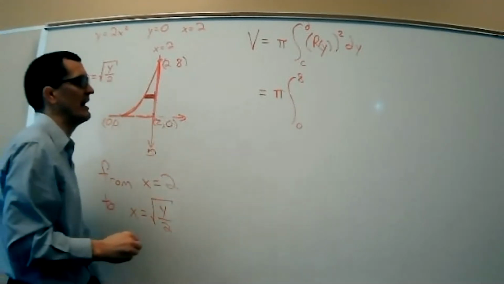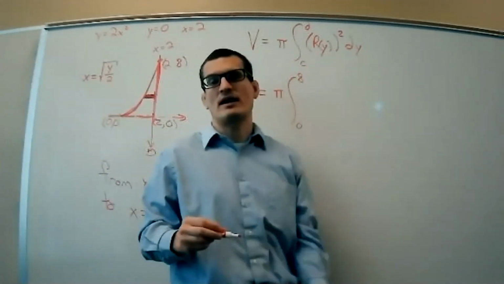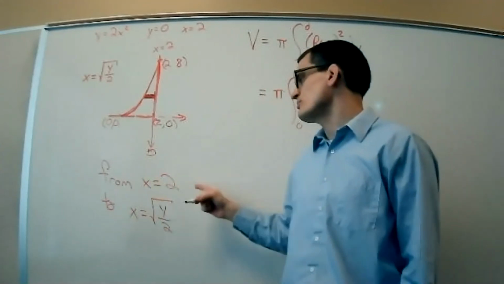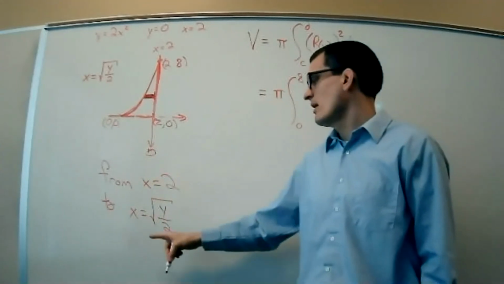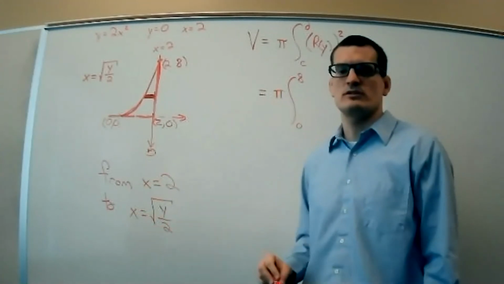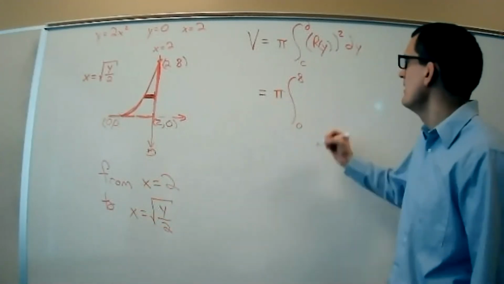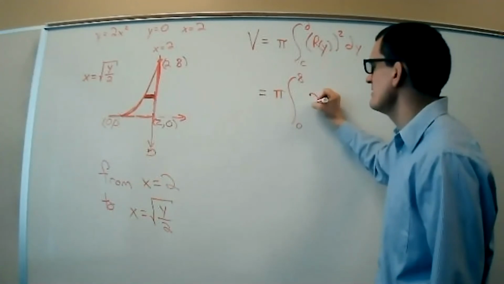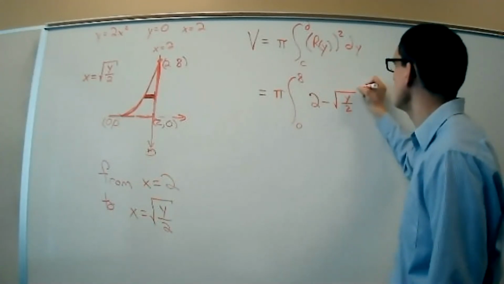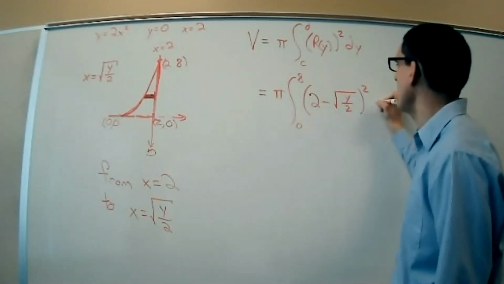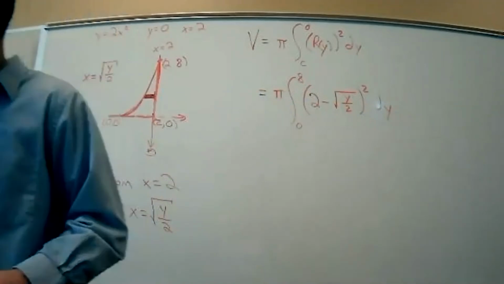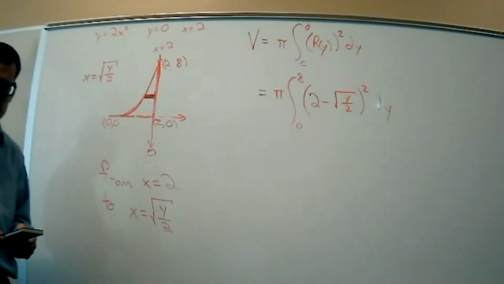Again, we always have to do that when we're talking about with respect to y: go from a function written with respect to x to x equals a function with respect to y. So my radius is 2 minus square root y over 2. So we're going to square that number and then integrate from 0 to 8. Okay. Make sure you have parentheses done correctly.